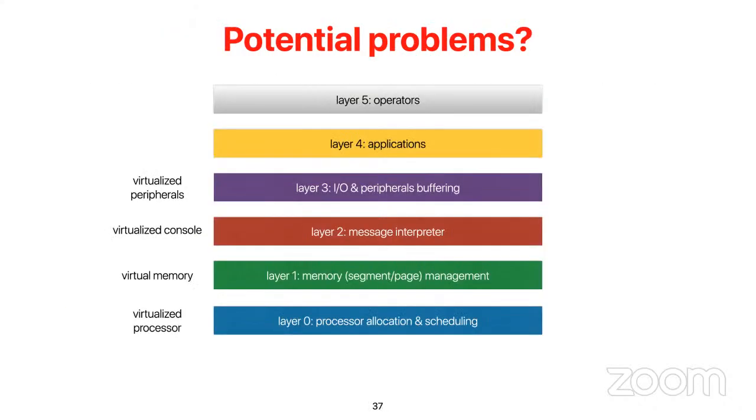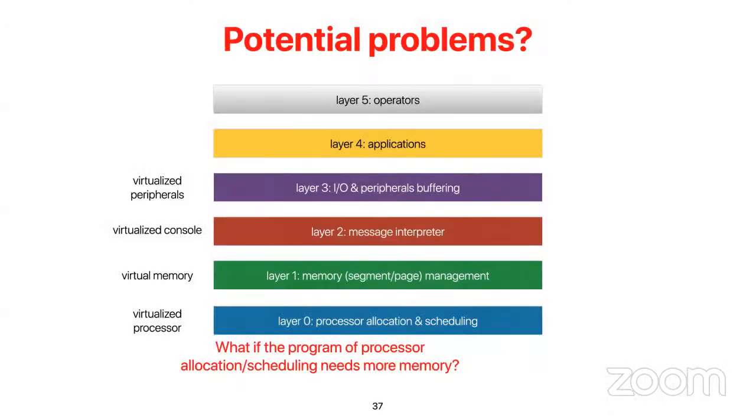There are quite a few issues here, right? If my processor, or say the scheduler, needs more memory, or if my processor wants to access the I/O, there's no way you can do that because of the strict layering.